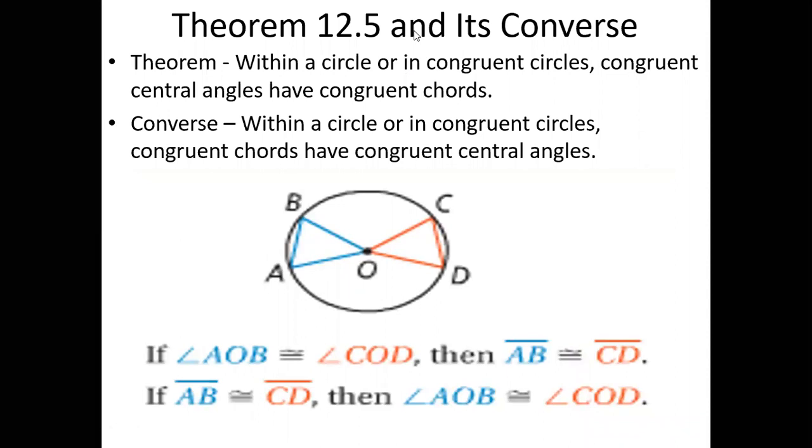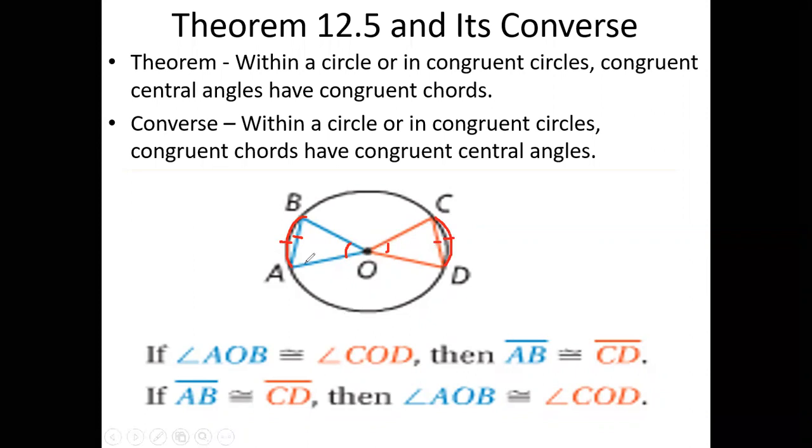Next theorem. Within a circle or in congruent circles, congruent central angles have congruent chords. Earlier we learned that congruent central angles will have congruent arc measure. Now it's proved again that the central angles will have their corresponding chords also equal in measure.